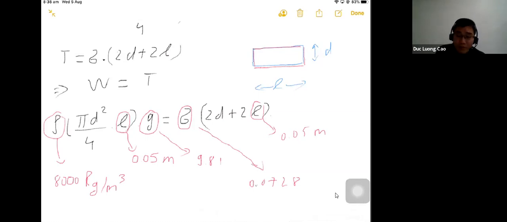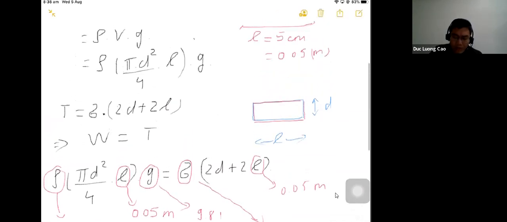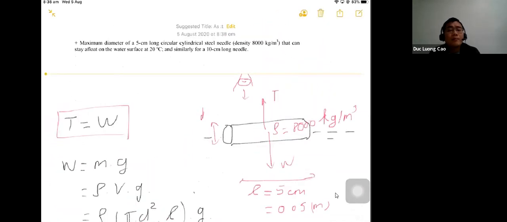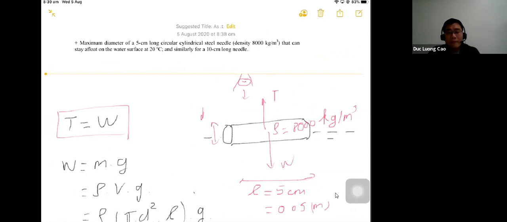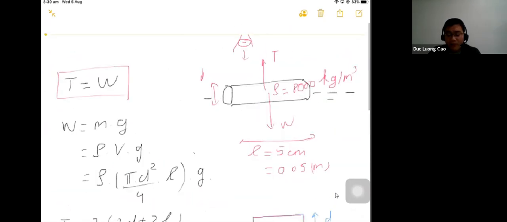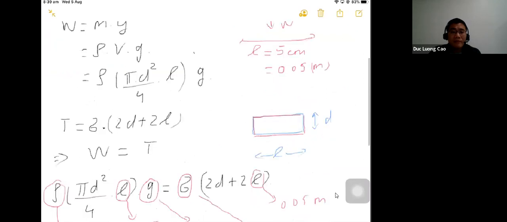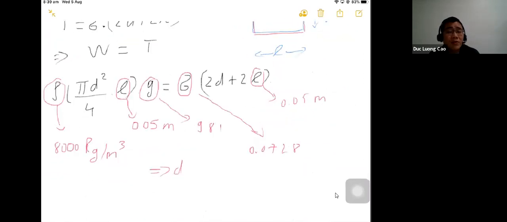So from this equation, you can find D. D is the maximum diameter of the circular needle, the maximum diameter so the needle can float on the water surface if the length is 5 centimeter. Based on this equation, just only D you don't know, so it is easy to find D, and the result you can see in your test online.